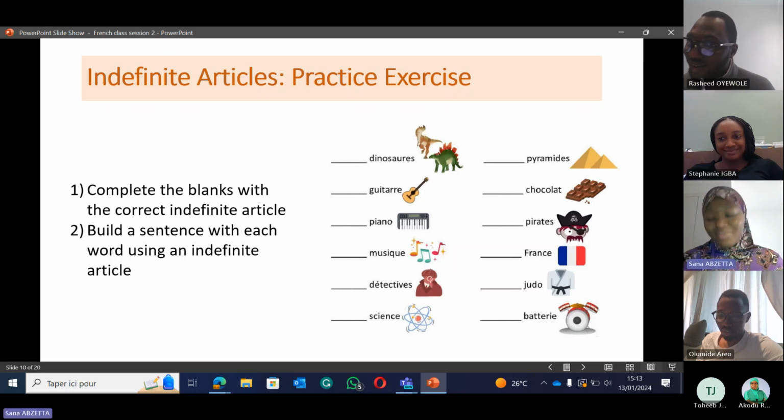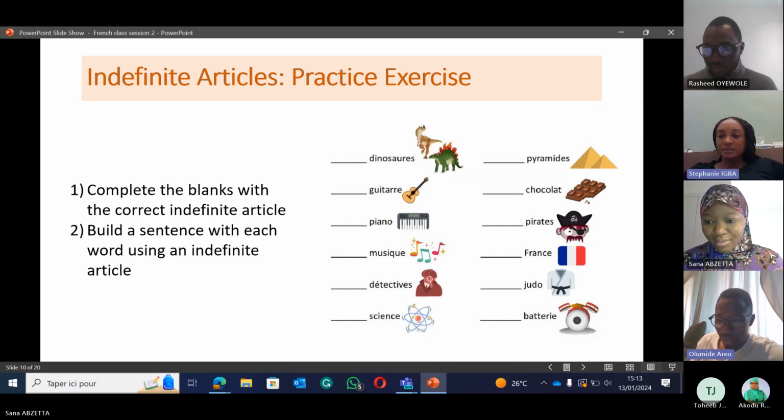It's masculine here. Un judo. Good. Did everyone get it right? Is the pronunciation the same as for one? Yes, it's the same. Okay.